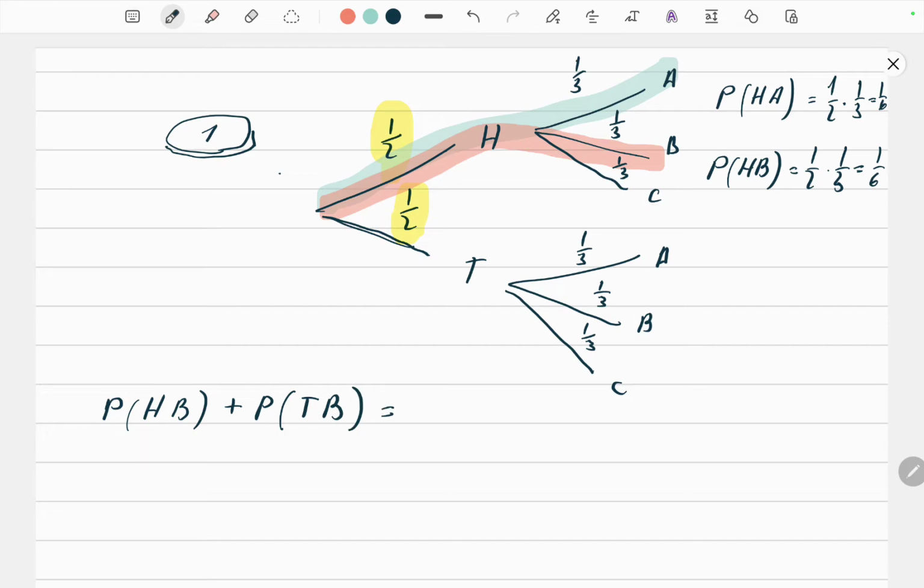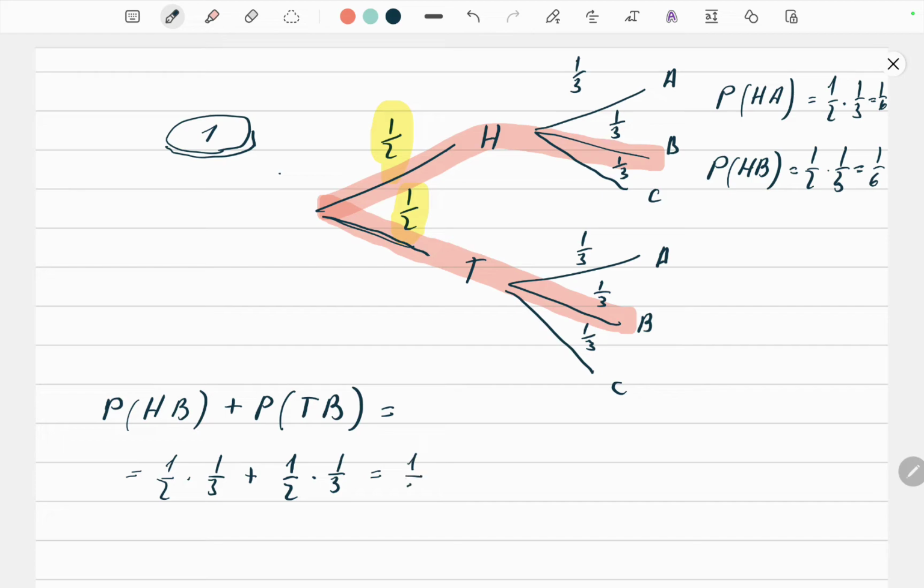Using these 2 ways, the first is HB and the second way is TB. Let's put the numbers in now: 1/2 times 1/3 plus the same 1/2 times 1/3, because the probabilities are distributed equally.